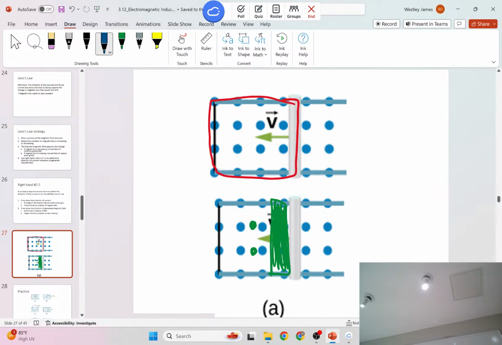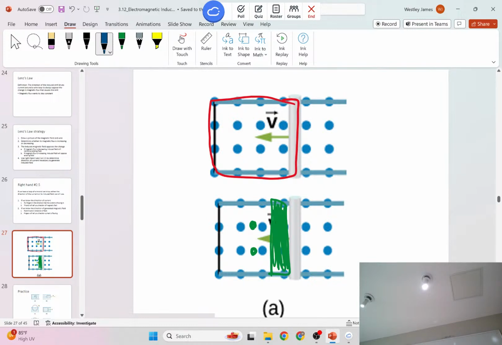So this is where right-hand rule 2.5 is really useful. Remember, right-hand rule 2.5 said if you have a loop of wire, you can just curl your fingers in the direction of current and your thumb points in the direction of the field. So if we look at our picture here, if I want to make a field out of the page, my thumb's out of it, so which way is current?